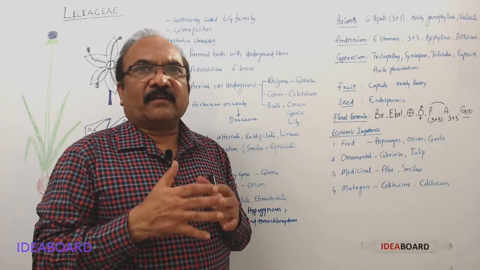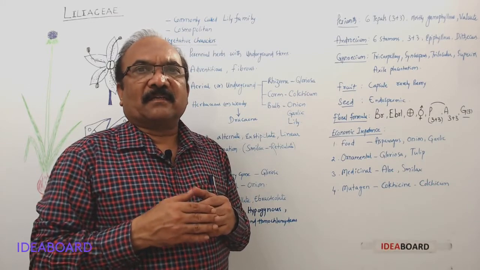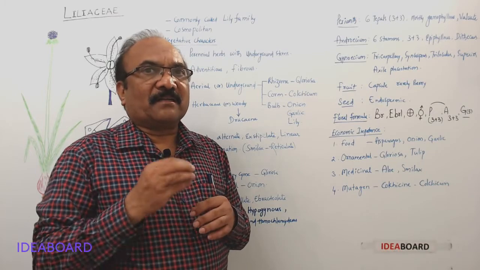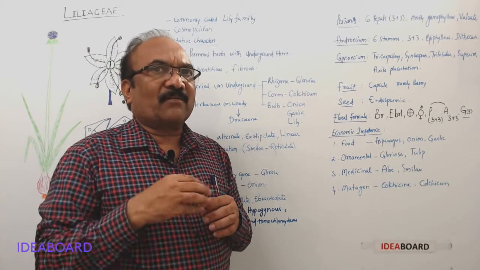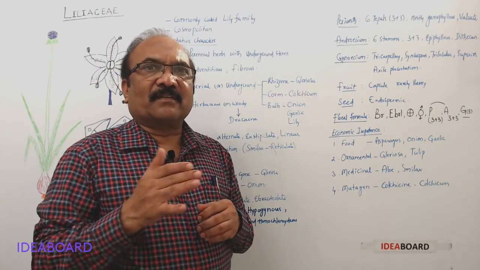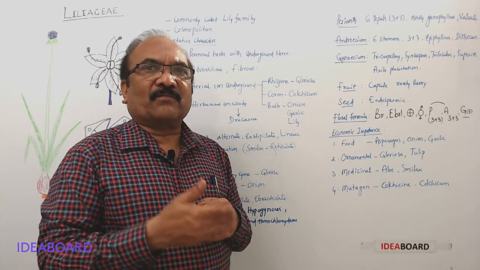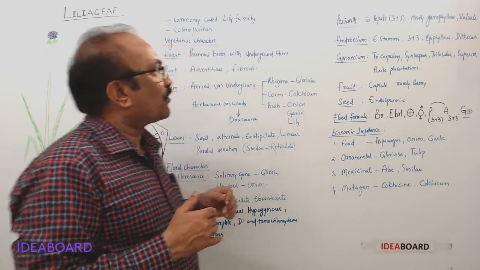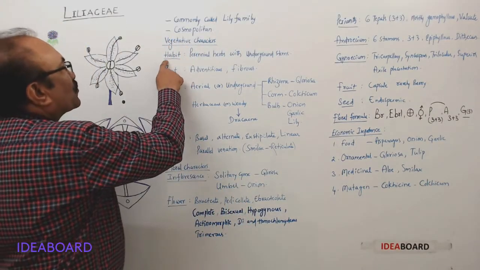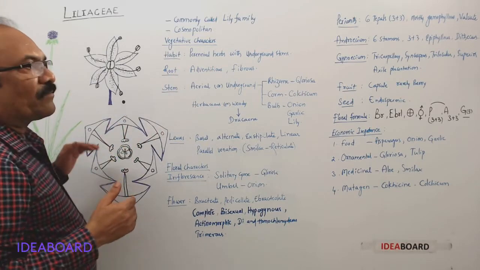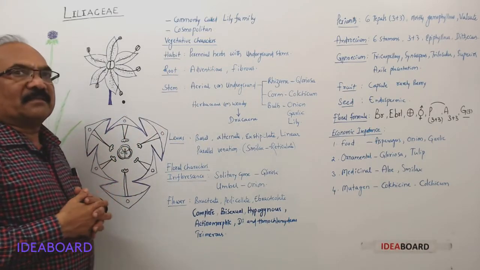If they live for two seasons, we call them biennial herbs. But the plants with underground stems generally survive for many years, and that's why we call them perennial herbs. Such perennial herbs with underground stems are very common in this family Liliaceae.